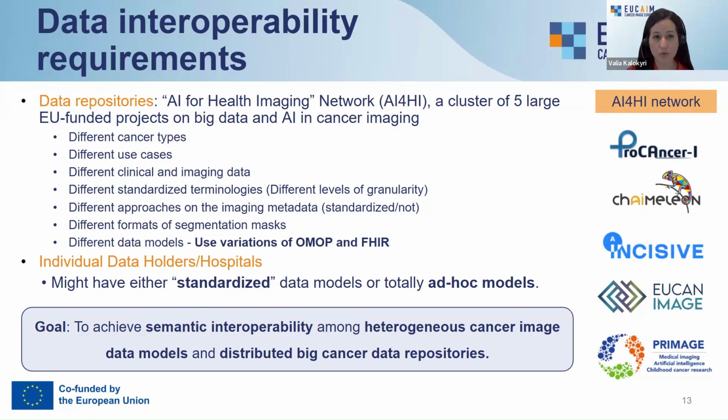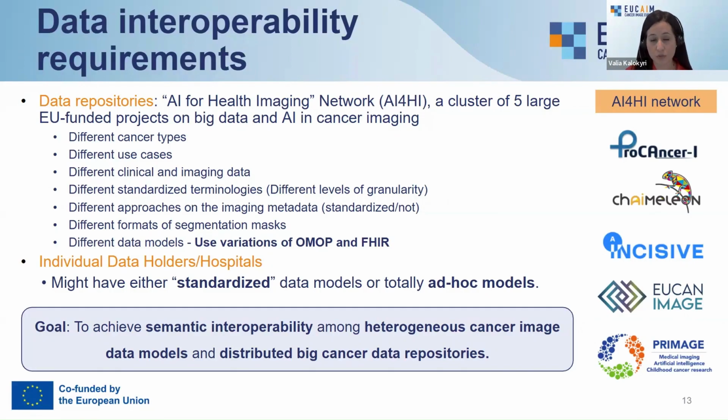I don't know how many of you are aware, but EUCAIM actually originated from a great body of work from the AI for Health Imaging Network, the AI for HI, that consisted of these 5 projects you see on the right-hand side: the ProCancerEye, Chameleon, Incisive, EUCAIMage, and PRIMAGE.